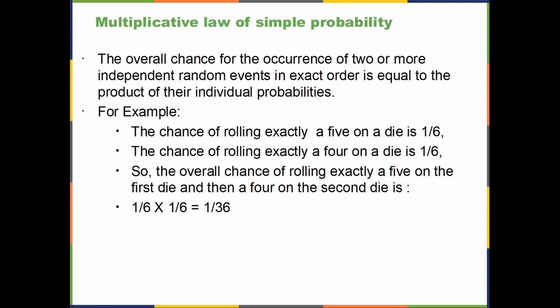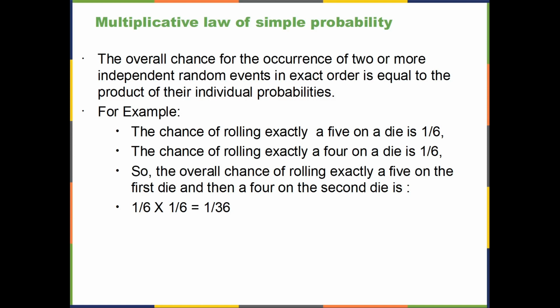What you do to get that outcome is you multiply the two probabilities. The probability is 1 out of 6 that you will get a 5 on any given roll, and it's also 1 out of 6 you get a 4, right? But what's the probability you're going to get a 5 then a 4?